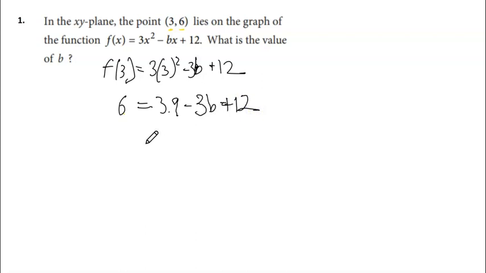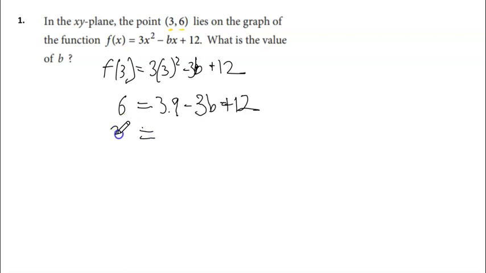All right. So here, let's try and solve this equation for b. So this is simple algebra, right? We try and bring this negative 3b to the left and then send 6 to the right. And like I've mentioned in the past, anytime you cross the equal sign, the sign in front of you changes.